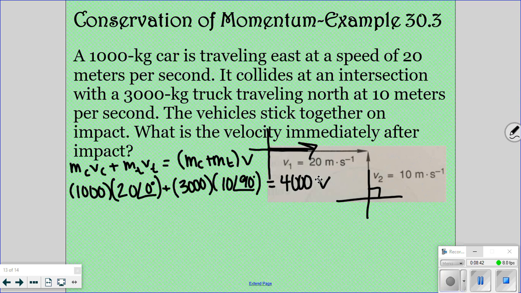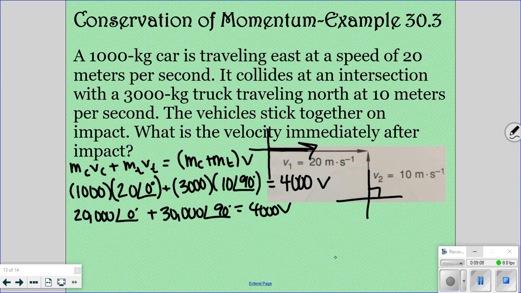So that's the first thing we have to do. Now on the left side, we can't just multiply those and add them together. We have to break them down into their vectors. And so this vector is 20,000 at 0 degrees, and then this one is 30,000 at 90 degrees.